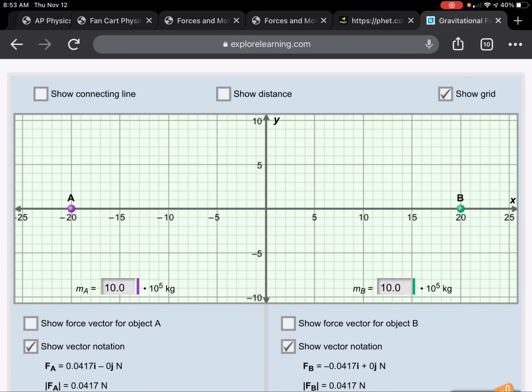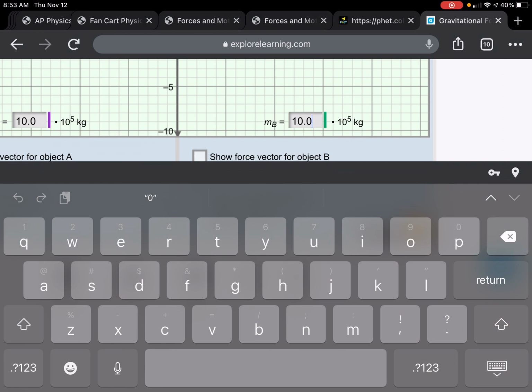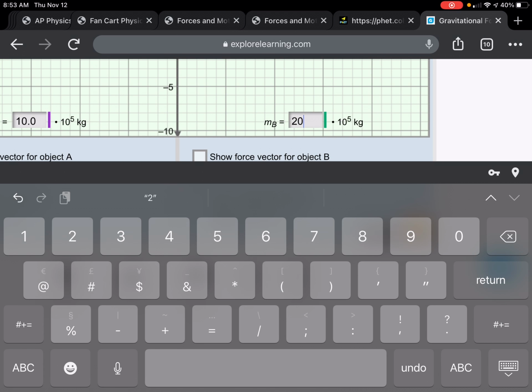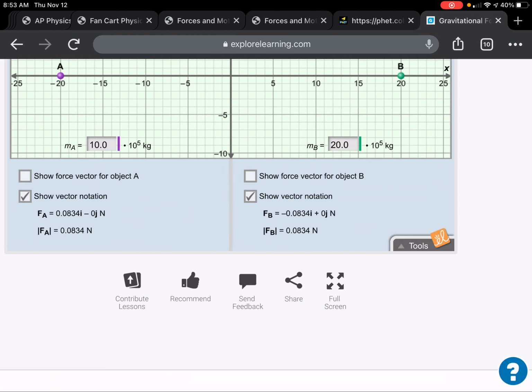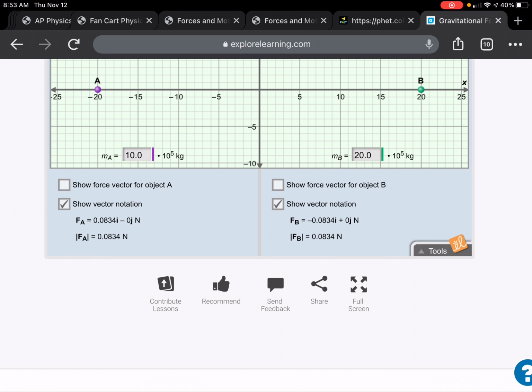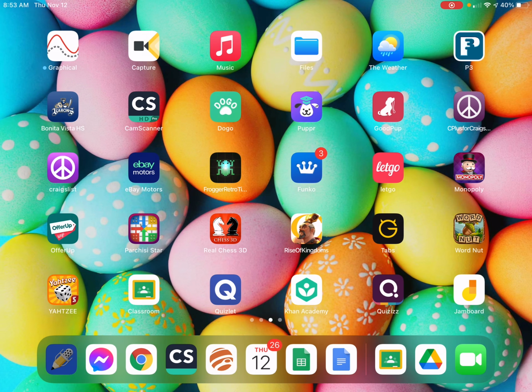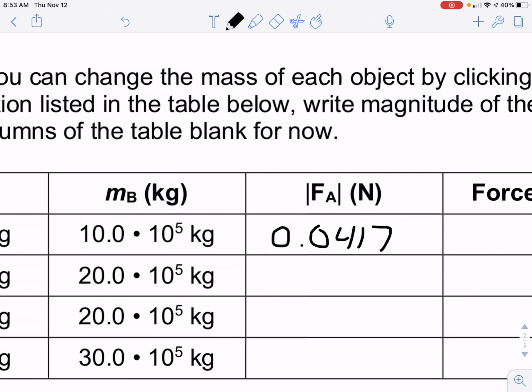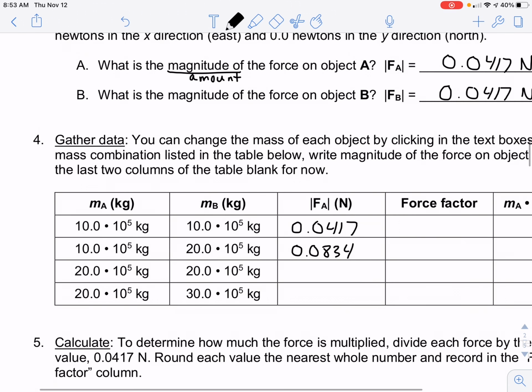Okay, so let's go to the second mass and change that 10 to a 20. And you can see the force on object A is now 0.0834 newtons. Okay, so that was what happened when we doubled just one mass.